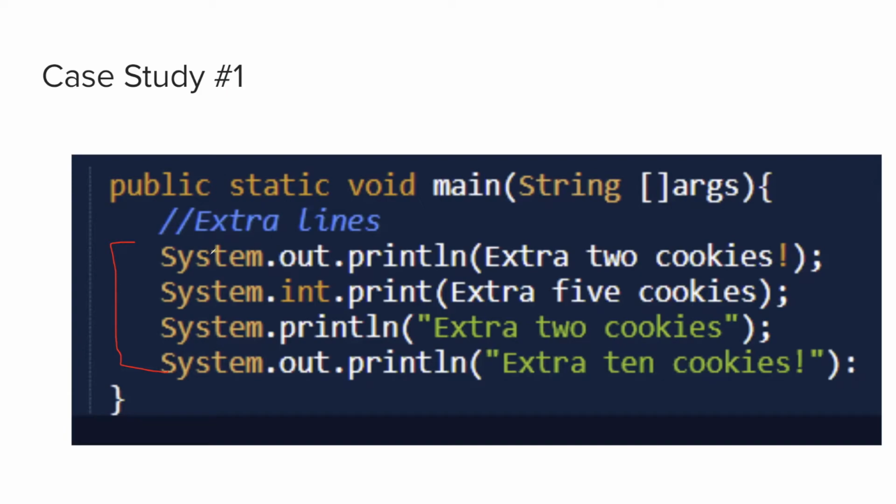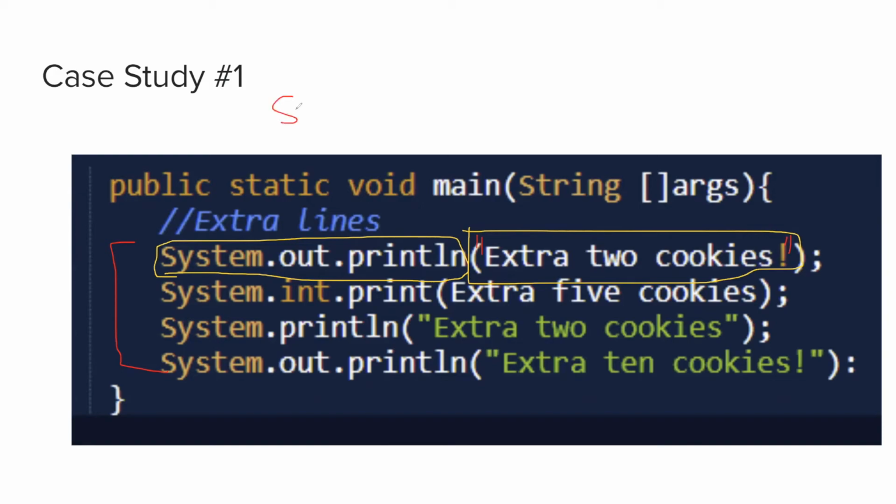So I hope you finished, and let's just look at them one by one. So let's start with number 1, system.out.println. So the beginning statement is good, there's nothing wrong. But when we see in these parentheses, you're saying you want extra 2 cookies. The variable name is not going to be extra 2 cookies.